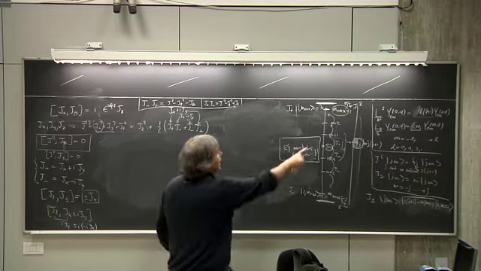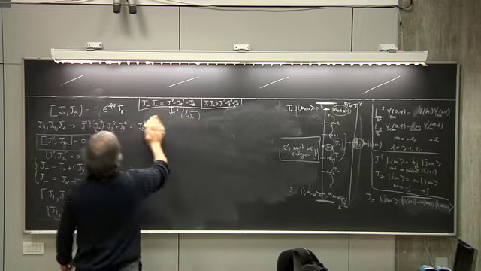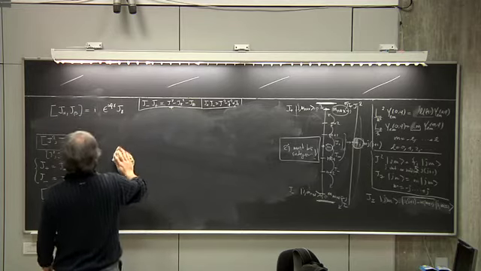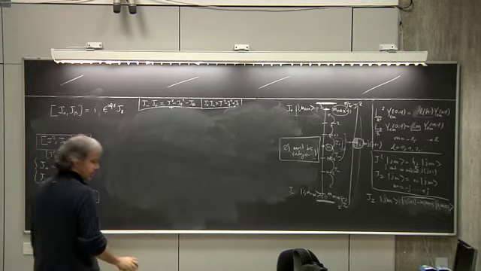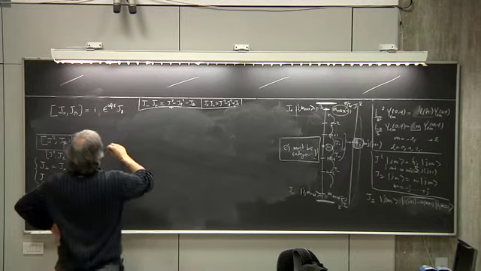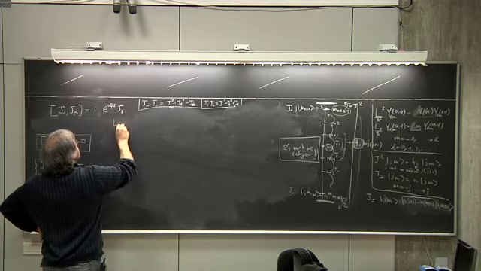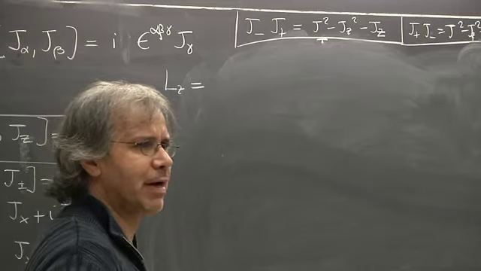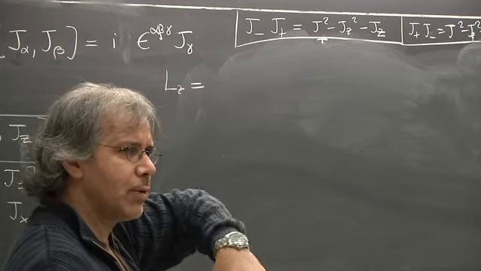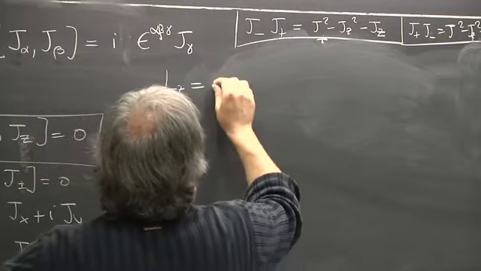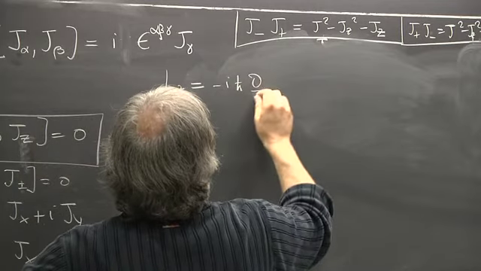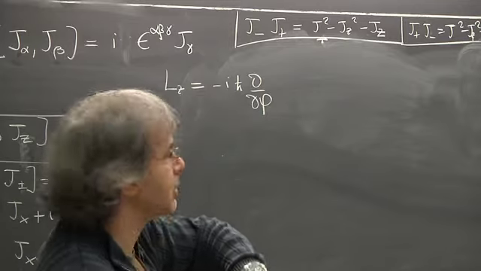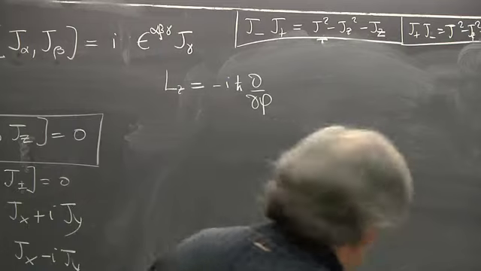Consider Lz. So remember that Lz is the only operator that has a very simple expression to remember, in fact. Rotations around z are generated by the derivative with respect to the angle phi. Maybe I should draw this again.